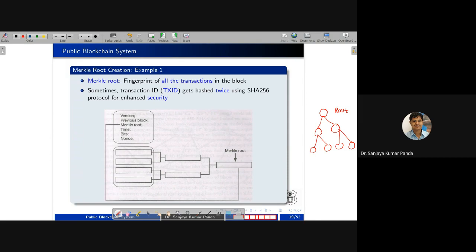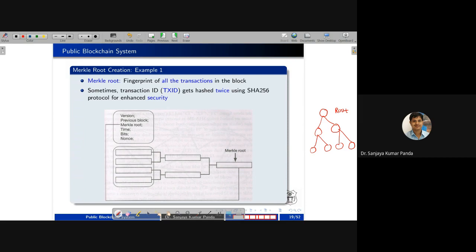So the Merkle root is nothing but the fingerprint of all the transactions in the block. Suppose 2000 transactions are there, the hash of these 2000 transactions is your Merkle root. Sometimes, in order to enhance security, a particular ID is hashed twice, not only once.